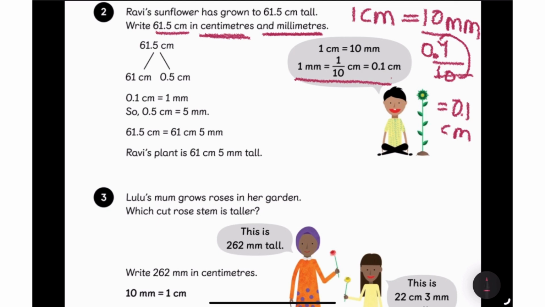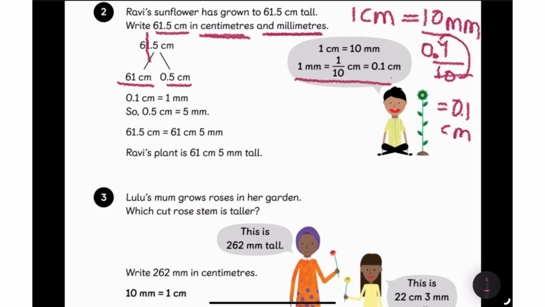Now we're going to split this at the decimal point. So I have 61 centimeters and 0.5 centimeter. Upon splitting, of course my 61 centimeters stays the way it is, but my 0.5 centimeter is something I want to convert. You know the key that 1 centimeter equals 10 millimeters. So to convert, what do I do? I multiply by 10.